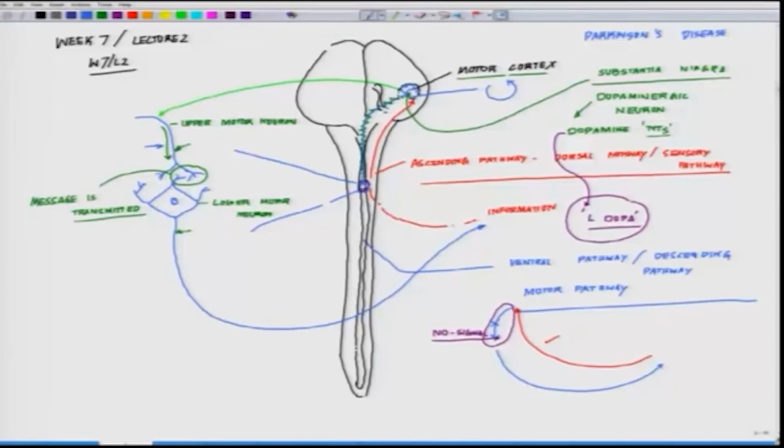If you look at the structure, it is always surrounded by another lining, and these vessels are never in direct contact with the neurons. There is always a layer.